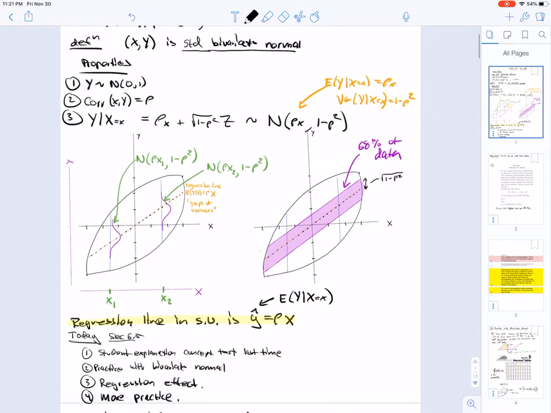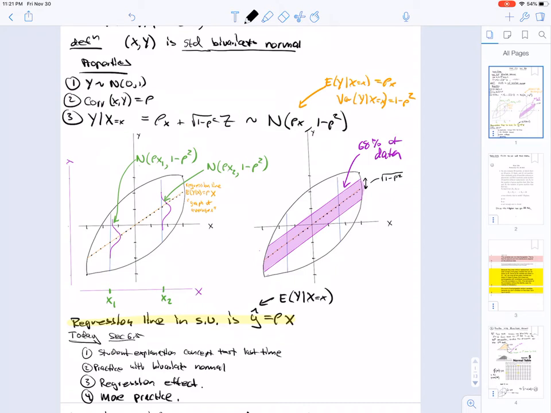So you can see that in the picture on the left. I've drawn a normal, so you fix x, and I've drawn a normal, which corresponds to the slice, sort of this vertical slice through a certain x value. And notice that the shape of that normal is the same for all the curves.